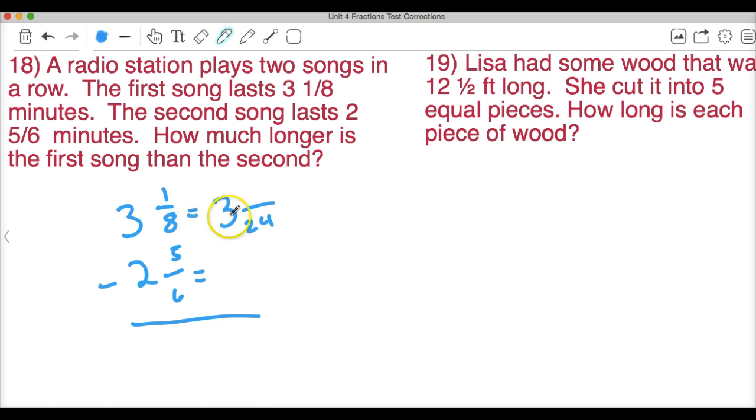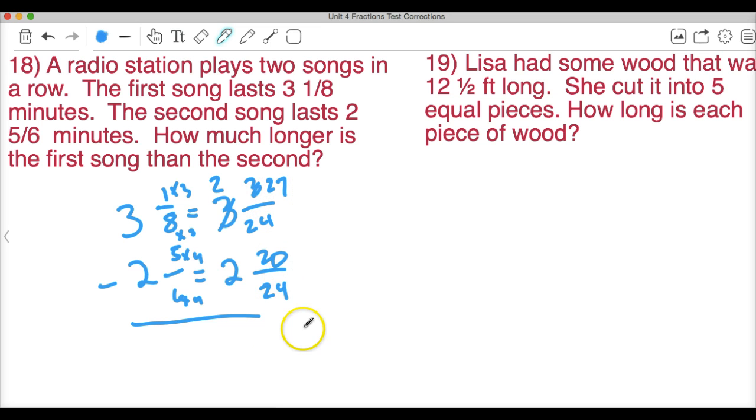So 8 times 3 is 24. And 6 times 4 is 24, so 5 times 4 is 20. So again, I have another situation where I have to borrow because I don't have enough in my numerator to subtract. I've got to borrow a whole. A whole this time is 24. So it's going to be 24 plus 3, which is 27.